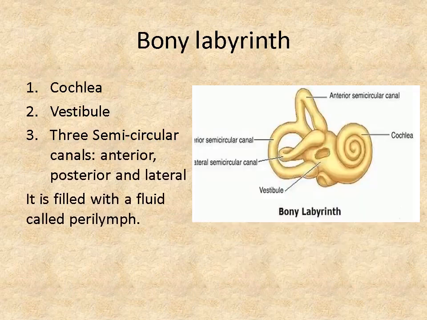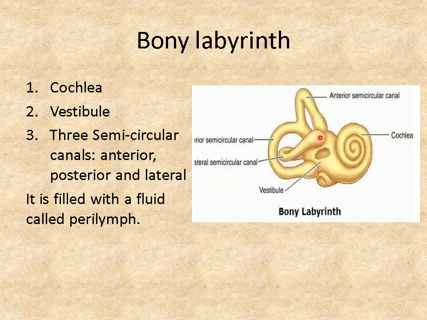The bony labyrinth is composed of three structures: cochlea, vestibule, and semicircular canals. The cochlea, this snail-shaped structure, is composed of almost 2.5 turns, with the basal turn nearer to the vestibule and the apex far away. This is the vestibule in between the cochlea and the three semicircular canals. The three semicircular canals are the anterior, the posterior, and the lateral or horizontal canal.